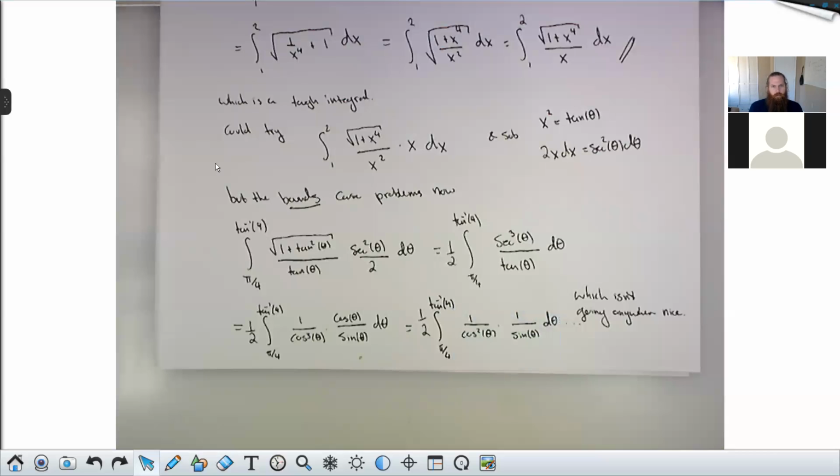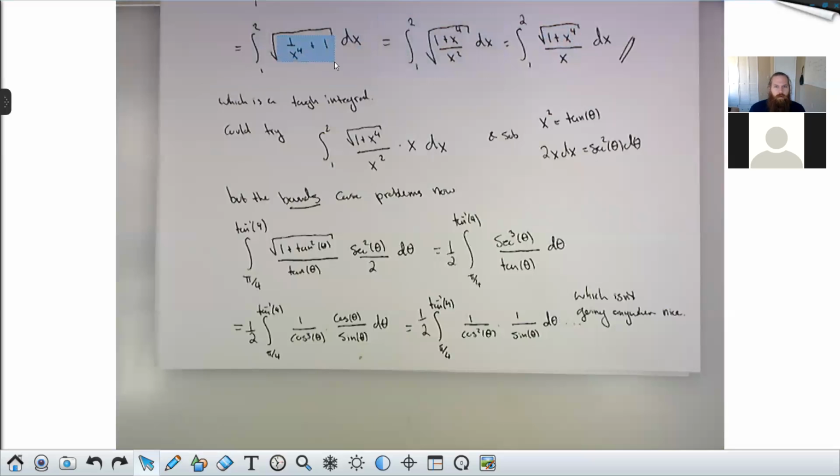There was never an x to the 4 in the denominator. I had an x squared here, and it was under this square root. So I took the square root of the top and the square root of the bottom separately. The top just stays the square root of the top, and the square root of x squared in the bottom is just x. So from this line to this line, I had a common denominator.